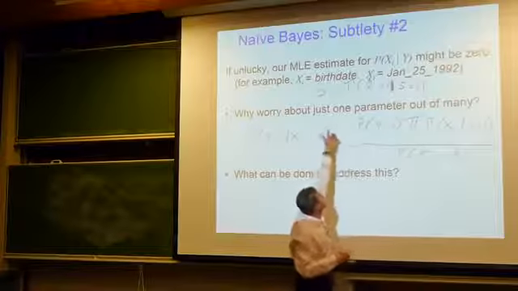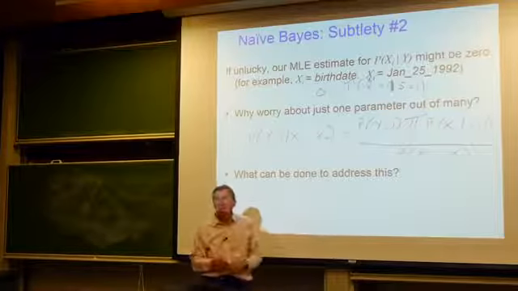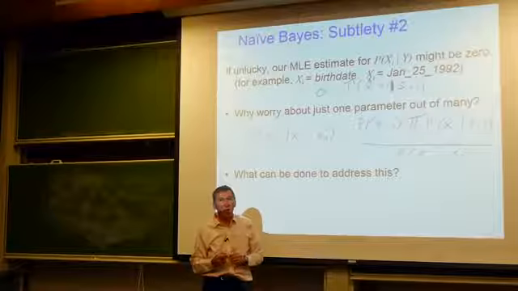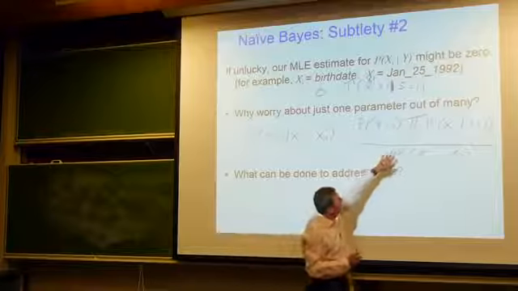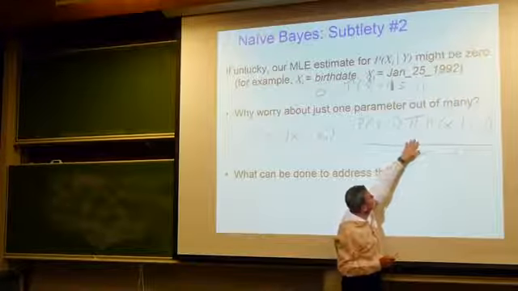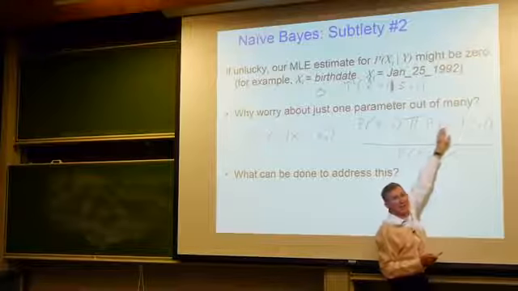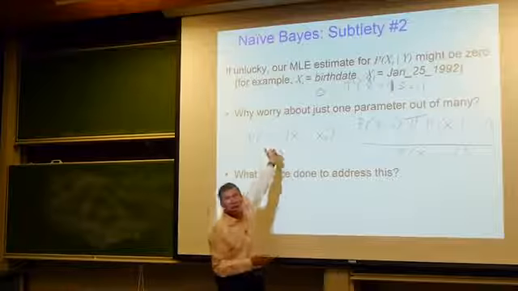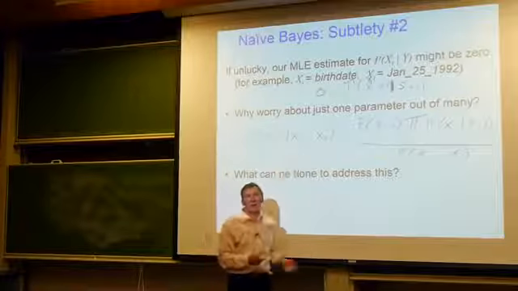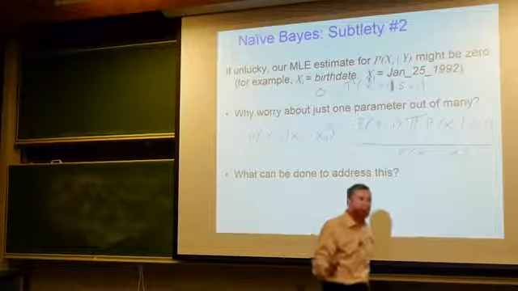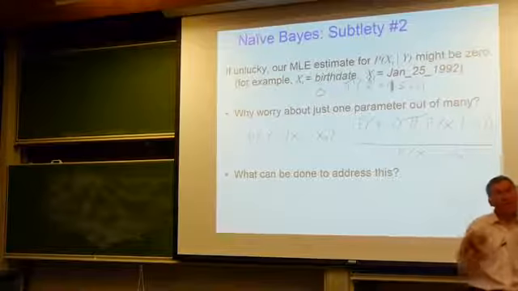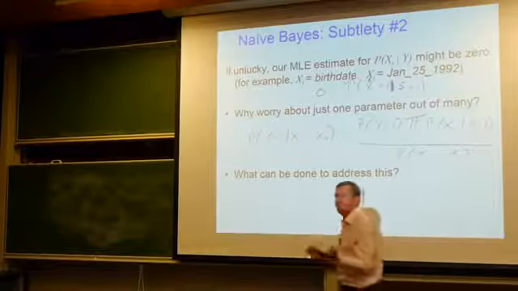It's problematic because if we have 1,000 features we're using, it only takes one of them to be 0 to give us a 0 here. And so sparse data and maximum likelihood estimates of 0 are a big problem for us.